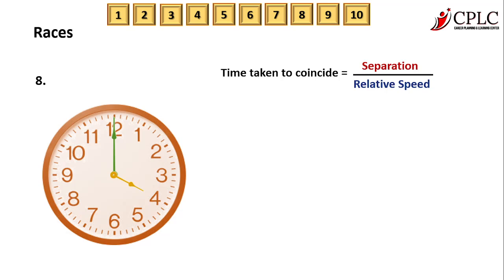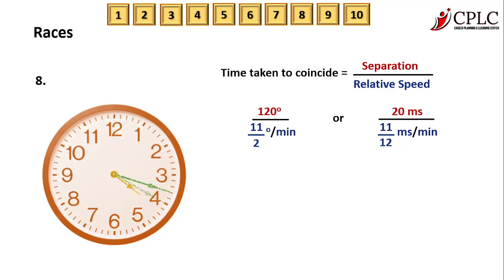And if we take the separation in degrees, the relative speed should also be in degrees. And if we take the separation in minute spaces, the relative speed should also be in minute spaces. Both these values are going to give you the same answer, that is 240 by 11, because 12 to the 24. So if you calculate 240 by 11, you're going to get the answer as 21 and 9 by 11 minutes.